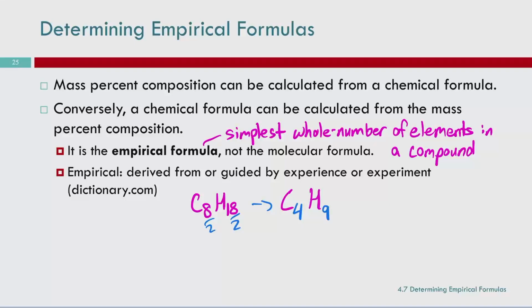Do 4 and 9 have a common factor other than 1? They don't. We can't divide them. We could divide 4 by 4 or 2. We can't divide 9 by 4 or 2. So that would be our empirical formula.